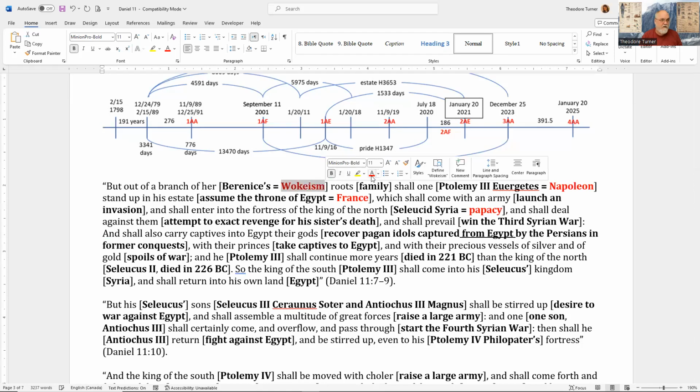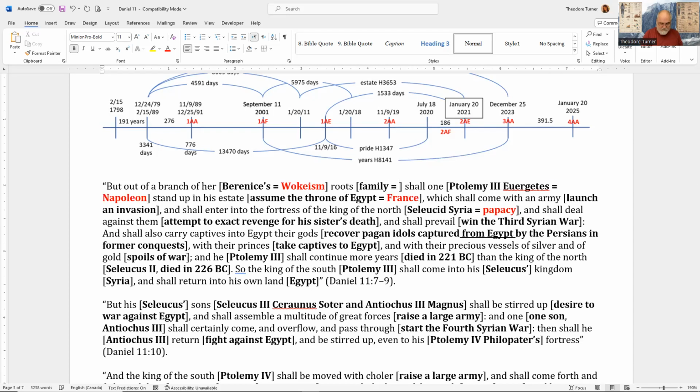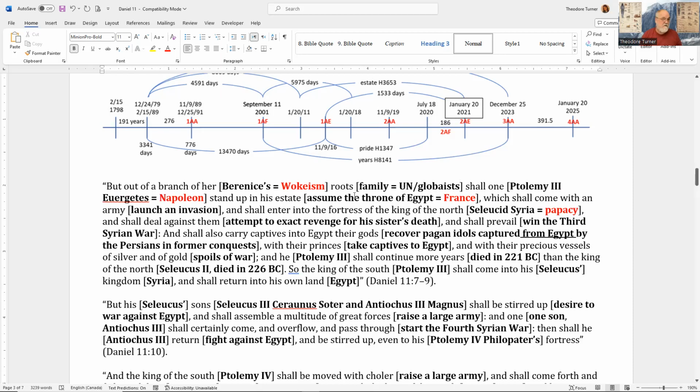Now, out of his roots, so family, we would just say this UN, right? Globalists. So out of wokeism, out of this UN globalists, we have this other player, Ptolemy III Euergetes.